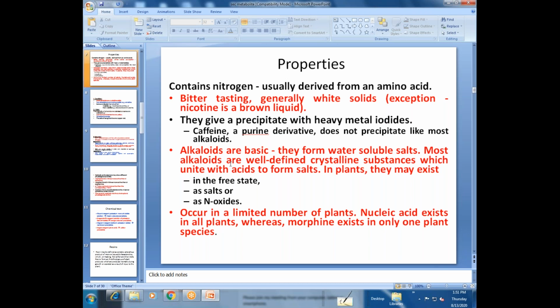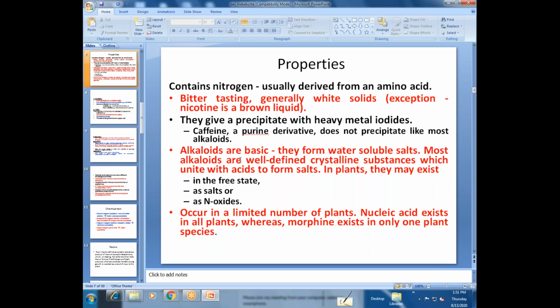It is highly bitter in taste and generally a white crystalline solid, except nicotine. Nicotine is a brown liquid. These are bitter in taste. They are generally white crystalline substances. One exception is nicotine. Nicotine is a liquid.